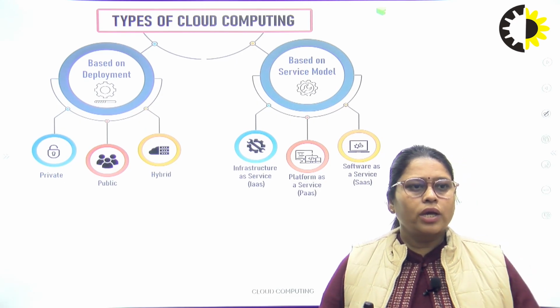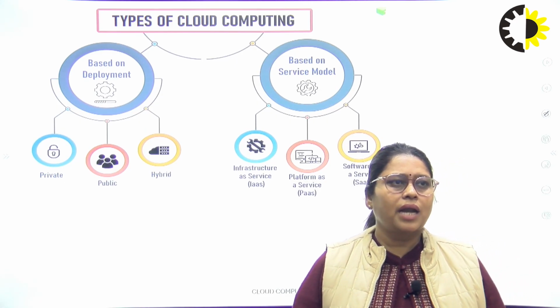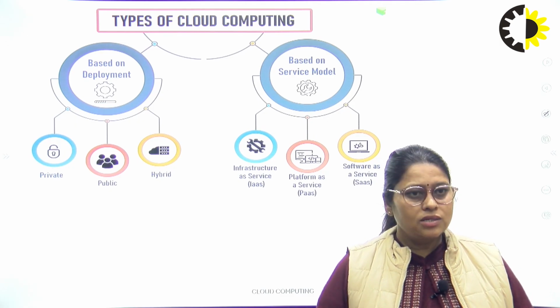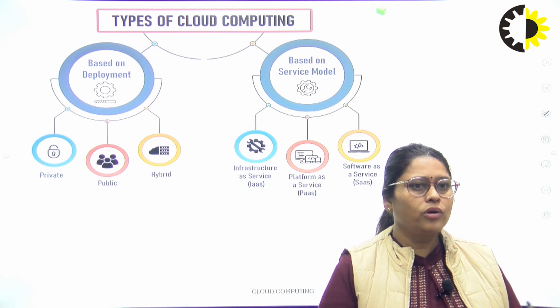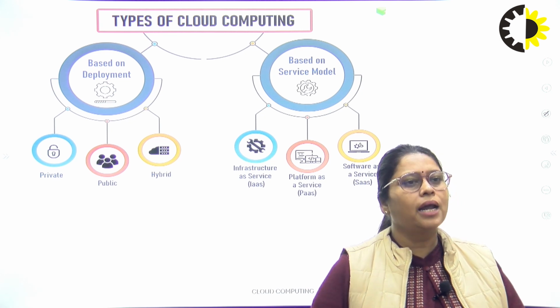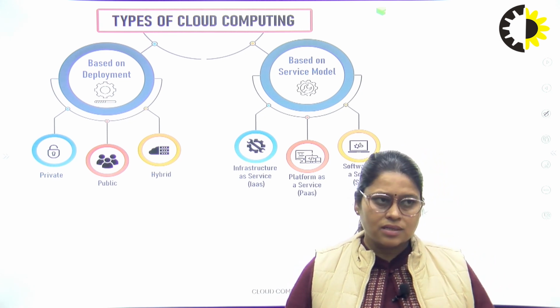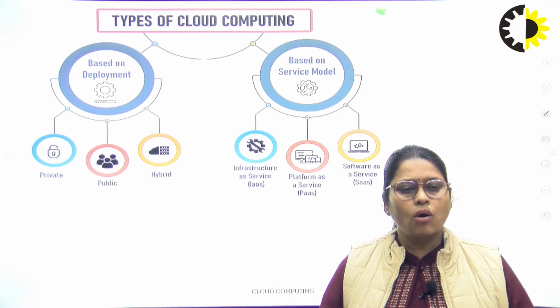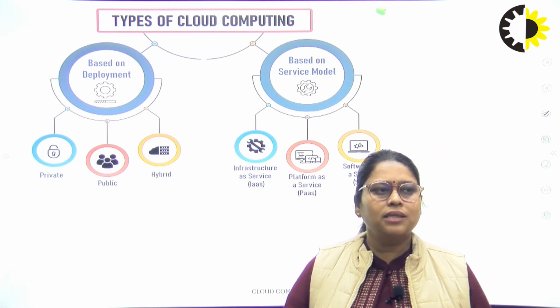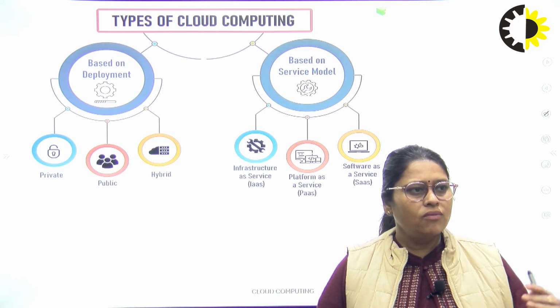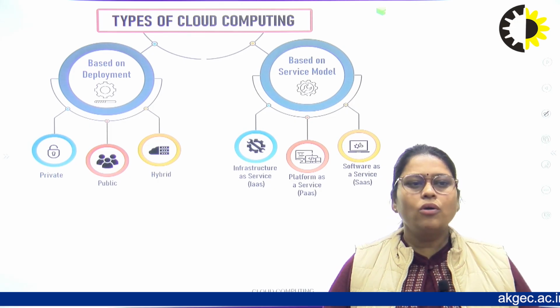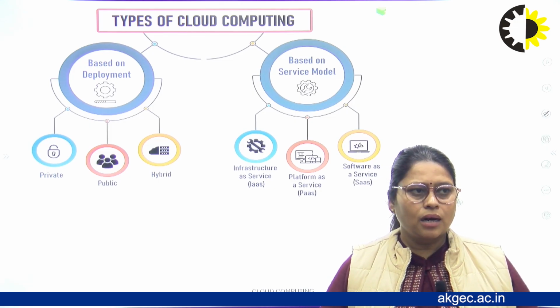Now, if we are talking about the types of cloud computing, basically there are two types of models we use in cloud computing. One is based on deployment and another one is based on service. Three different categories come under the deployment model: one is the private cloud, second is the public cloud, and third is the hybrid cloud.